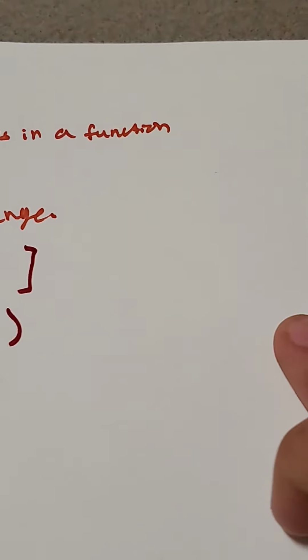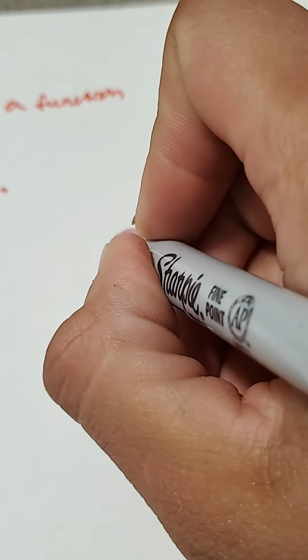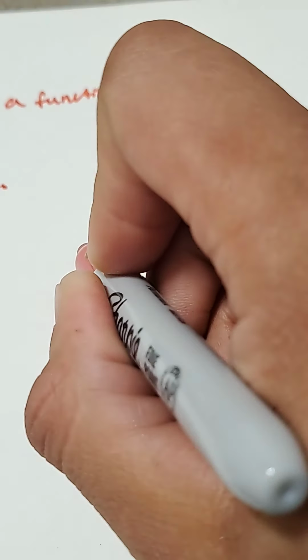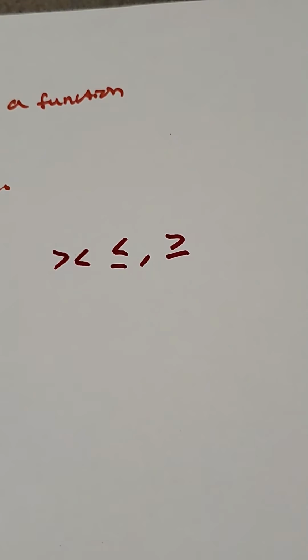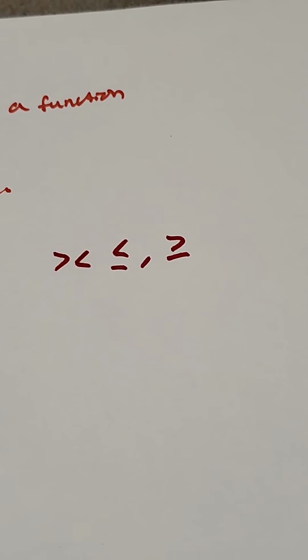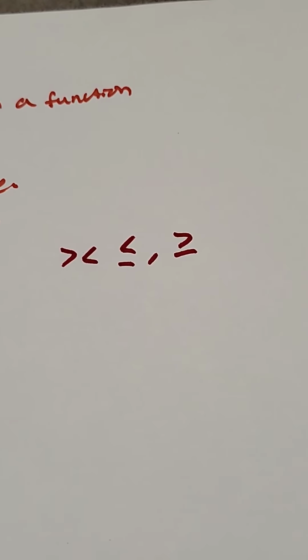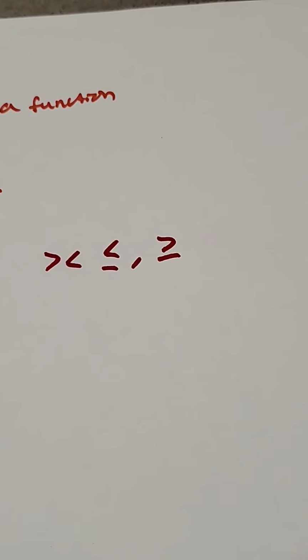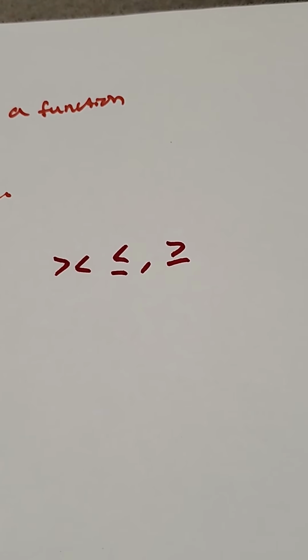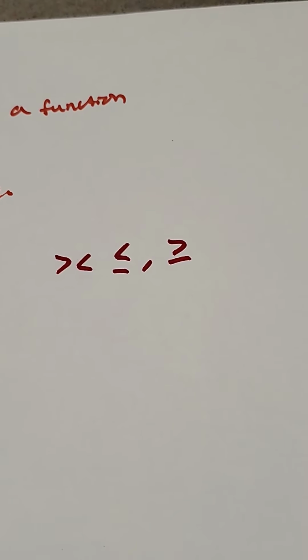We also consider inequalities as interval notation. So we have greater than, less than or equal to, less than, greater than or equal to, less than or equal to. Those are all telling us what we include and what we don't include.